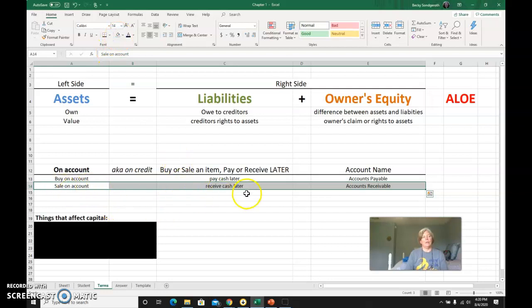So a sale on account is when I sell an item and I receive cash later. And the name of the account is accounts receivable, and that should make sense. If I'm paying later, it's payable. If I'm receiving later, it's receivable. Okay? So I bought and pay later, I sold and receive later. So that's going to be important when we start to go through transactions.